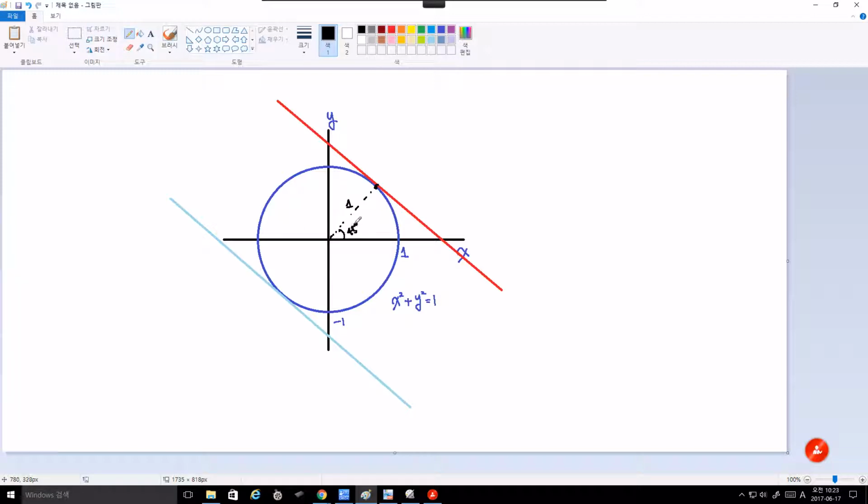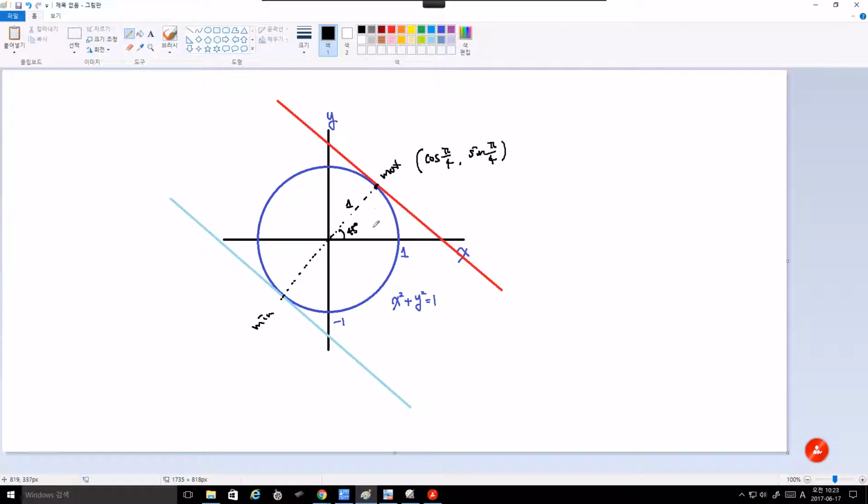So we know that the max is over here, the min over here. So it is 45 degrees. Cosine of the angle is the x-axis, and sine is the y. So the max is basically cosine pi over 4, which is 45 degrees, and sine pi over 4, right?